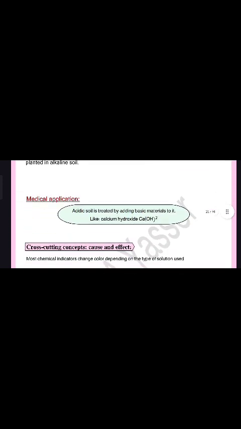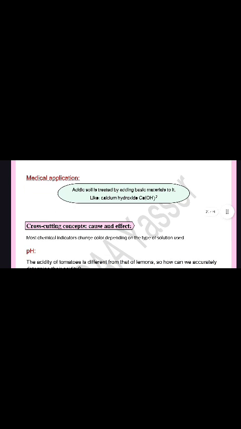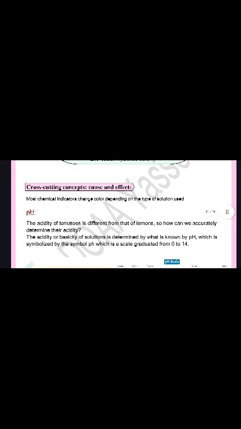Application: acidic soil is treated by adding basic materials to it, like calcium hydroxide. Cross-cutting concepts, cause and effect: most chemical indicators change color depending on the type of solution used.